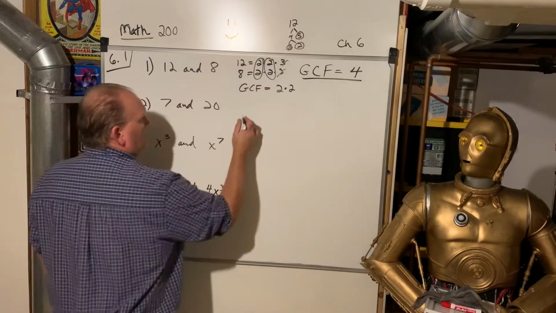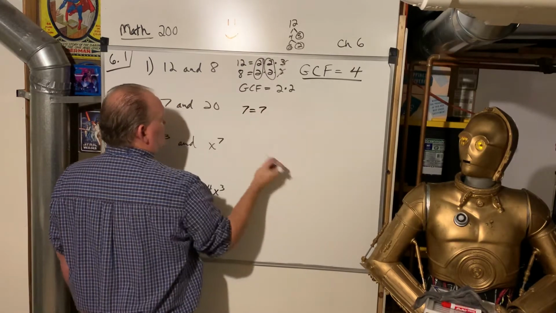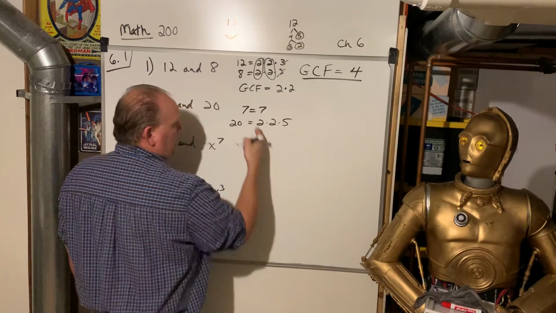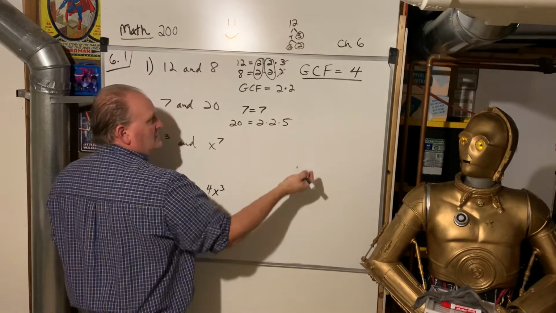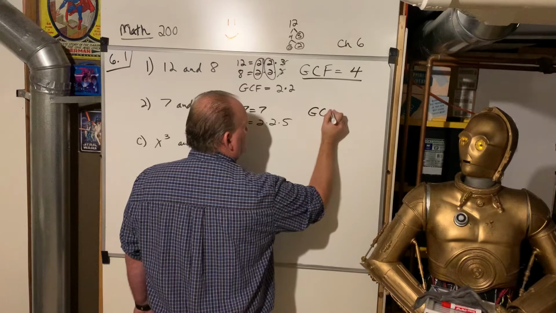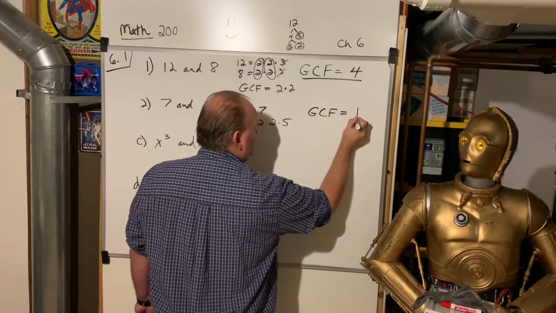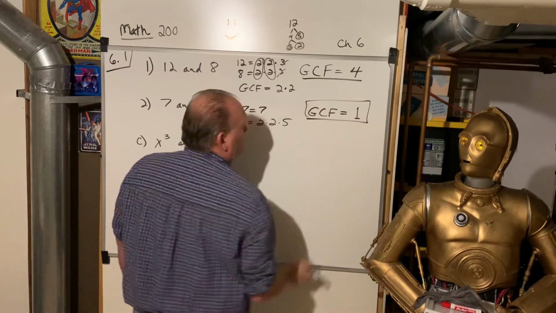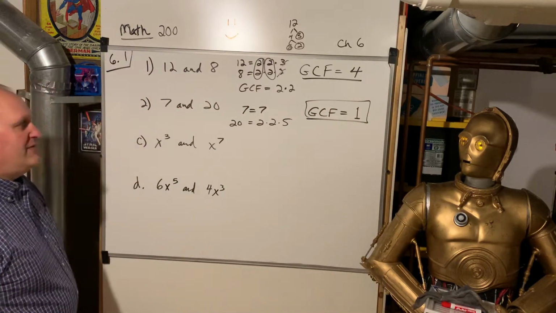Let's look at 7 and 20. Well, 7 doesn't break down. It's already prime. 20 is 2 times 2 times 5. Well, there is nothing in common. So this is one of those that I told you about. They're relatively prime. So then it's 1. 1 goes into everything.